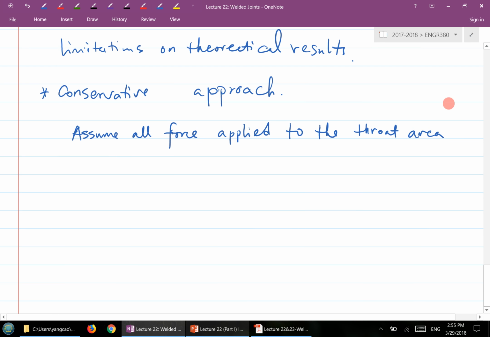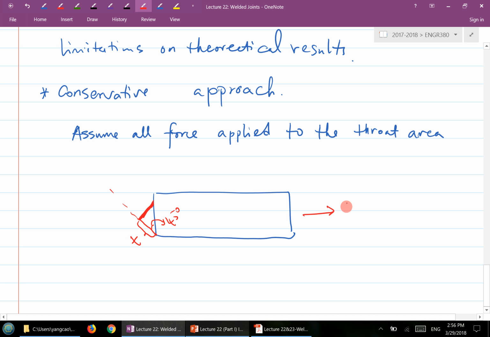What that means is, if this is the location of the joint and we're doing the cutting for the fillet joint, this time we cut it at 45 degrees. If you cut it at 45 degrees, this portion here is called the T, and that's the throat. That cross-section area is the so-called throat area.